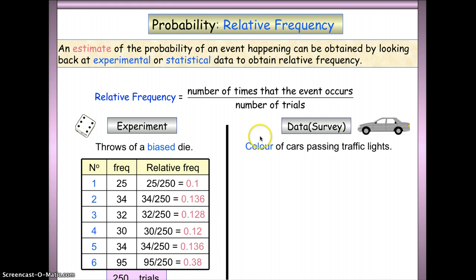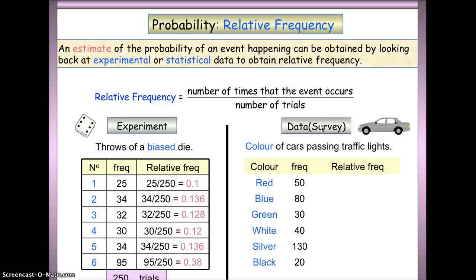Now let's go to data by survey or by observation. We are looking at the colors of the cars passing through traffic lights. It's just like a person or people standing and counting the number of cars depending upon their color. So out of 350 cars that went through the traffic light, 50 are red, 80 blue, green 30, and so forth, black is 20. This is a fair observation or survey.